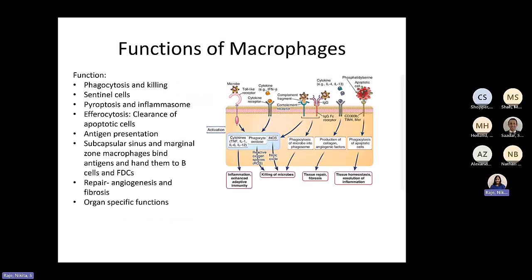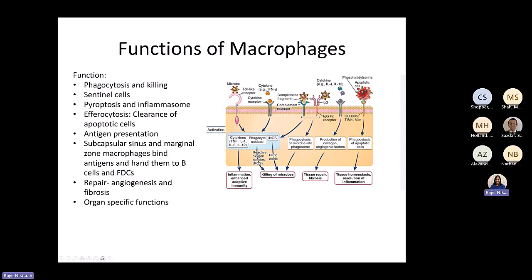All right, so looking at the functions of macrophages, they have multiple functions, the most important of that being phagocytosis and killing. Macrophages are activated by microbial products such as, say, LPS or other microbial molecules, versus they can also be activated by cytokines that come from, say, natural killer cells, like interferon gamma.